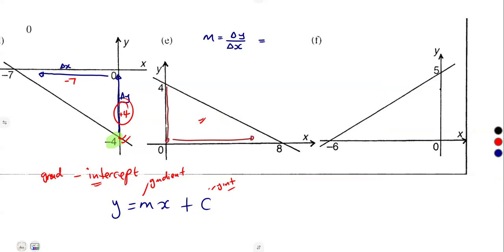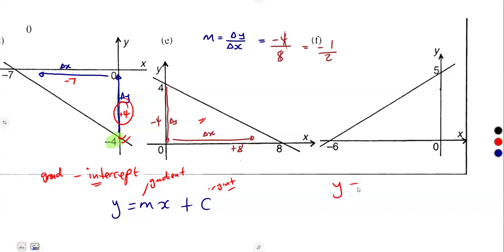This is how we're going to move. Going down, that's -4. Change in x, we're going to the positive, so this is +8. So our gradient is change in y, -4 over +8, which is -1 over 2 if you reduce this.